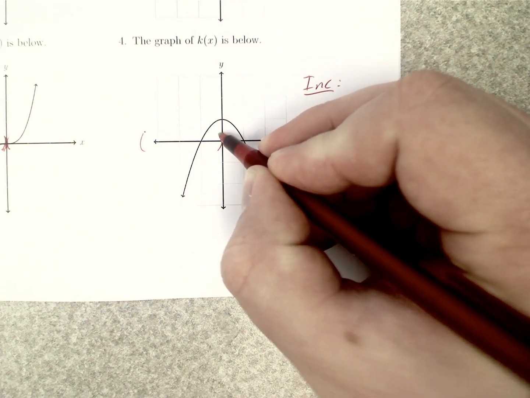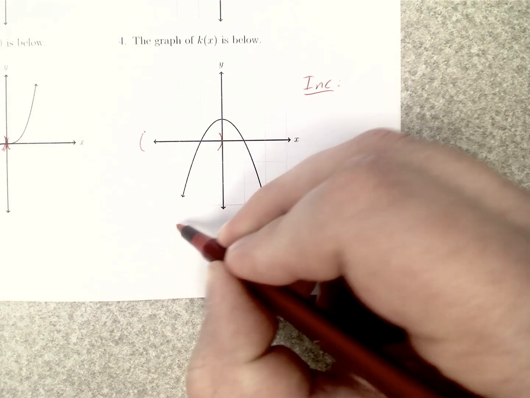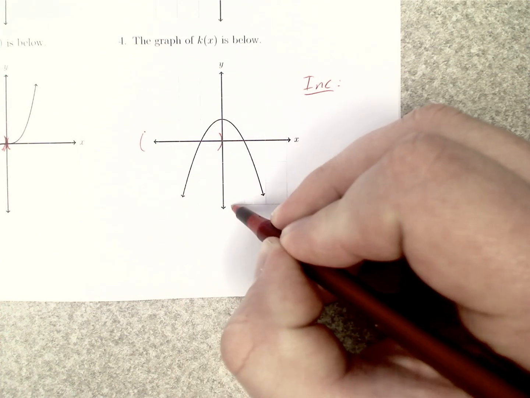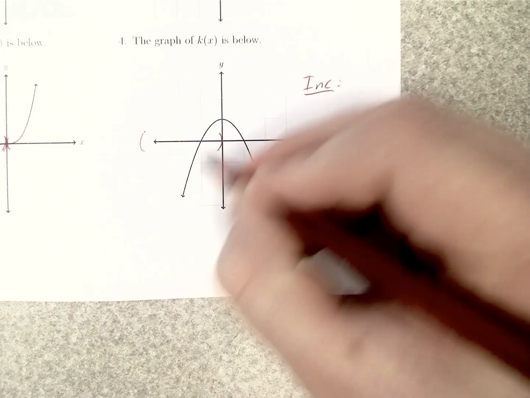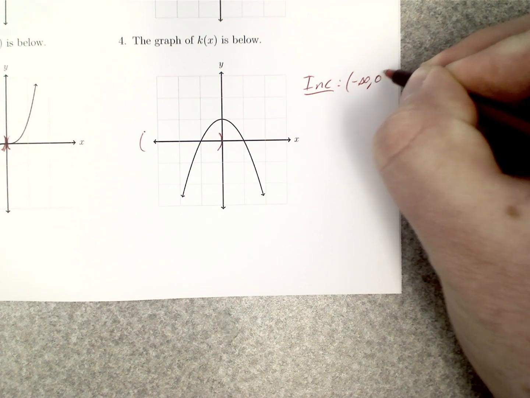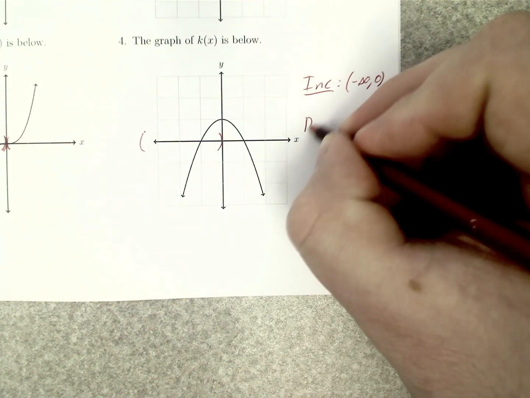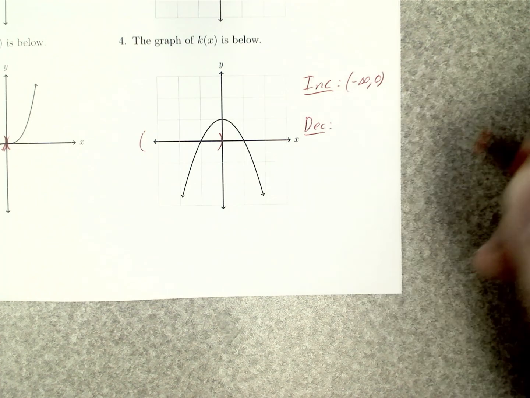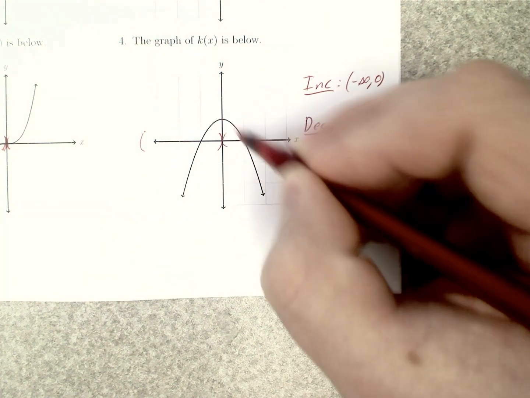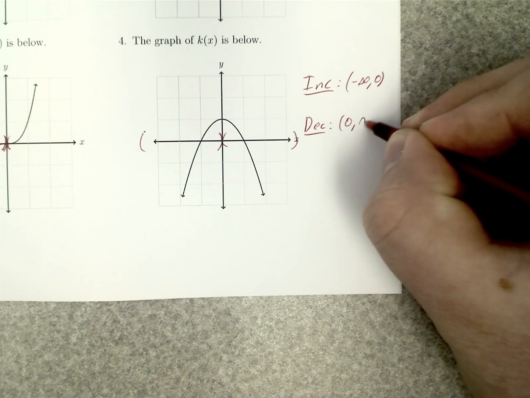So going from negative infinity up until 0, in this interval, it's going up. But then it goes down from here out to here, so that's from 0 to infinity.